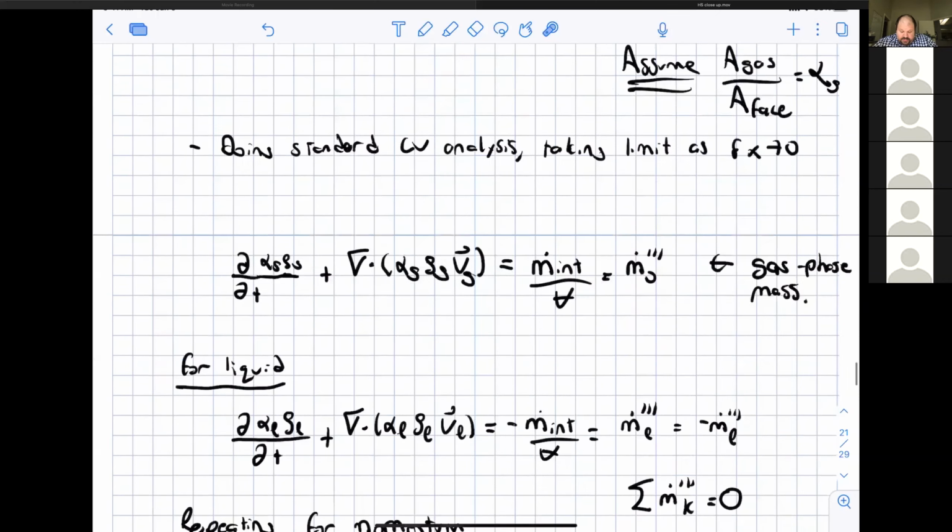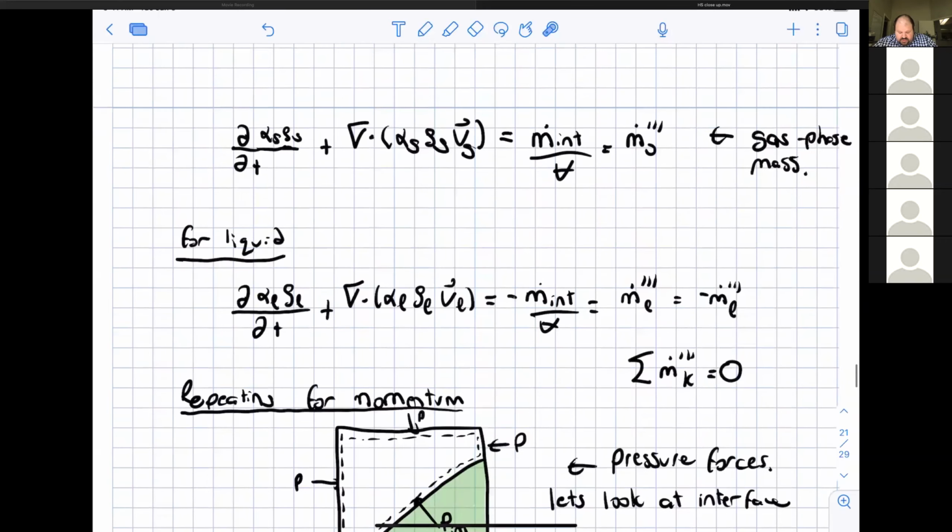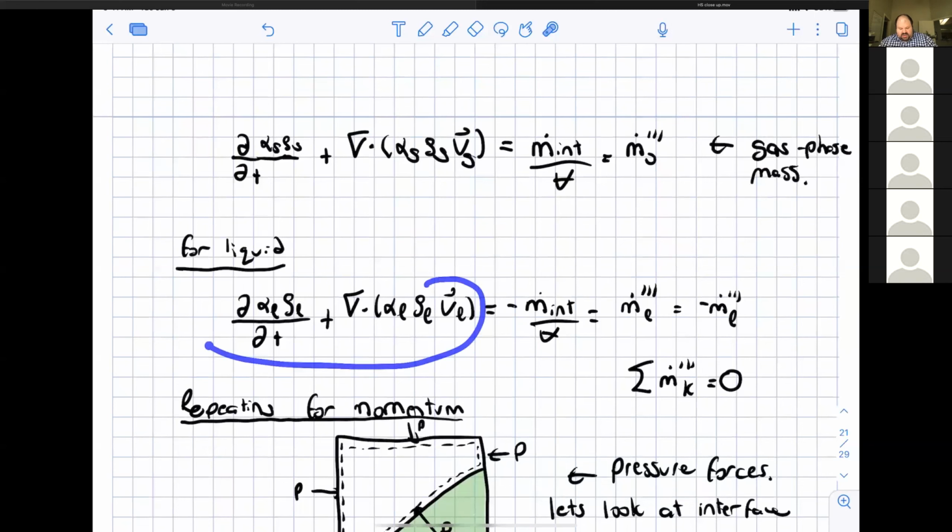So you have essentially the same thing for the liquid phase mass, except you have minus the mass that is lost at the gas liquid interface, because a gain to the gas is a loss to the liquid.